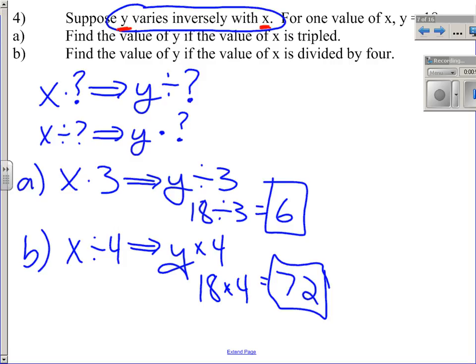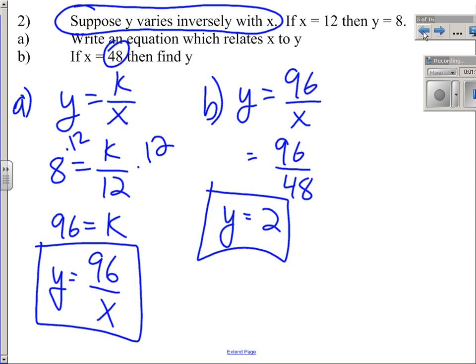So what it says on the screen is correct now, and to be honest, it doesn't really affect anything because of the properties of direct and inverse variation. It doesn't really matter. But just for future reference, my worksheets and whatnot are going to be worded the way that it is here. It should be Y varies inversely with X, not the other way around. And then the same is true of the other examples that I did.